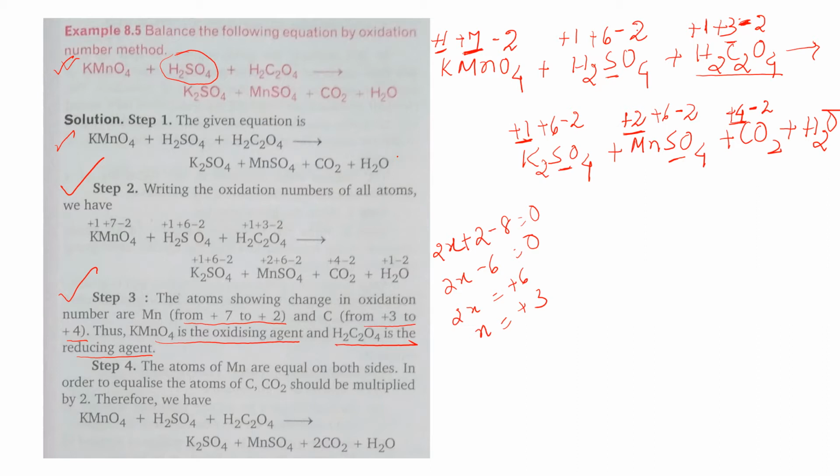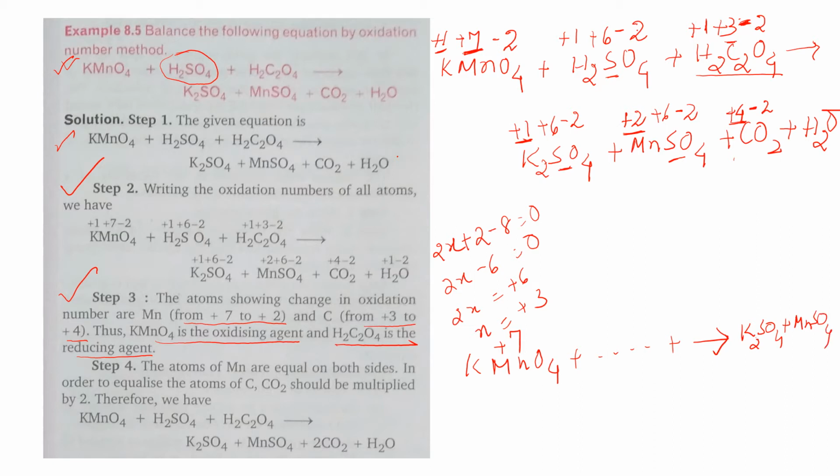After writing this, you will write the full equation in one line. I don't have space, which is why I have written it in 2 lines, but you should write it in 1 line. See, KMnO4, and on the right hand side you have K2SO4 plus MnSO4.